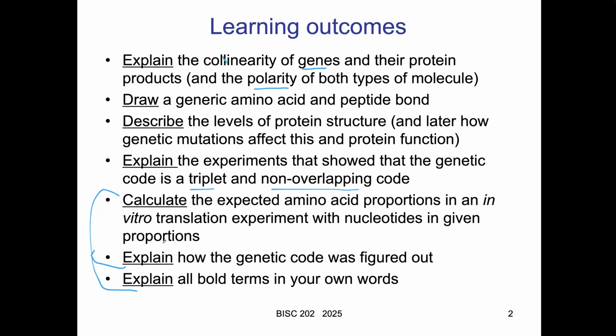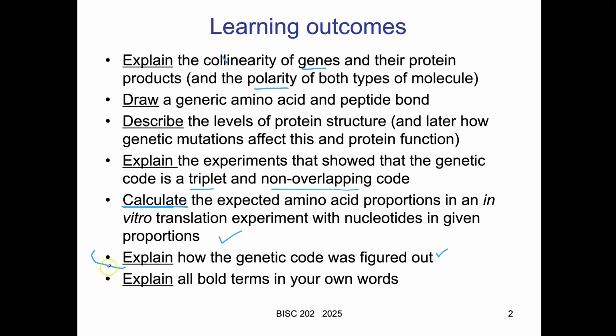We learned that it was a triplet code. We learned it was non-overlapping, but then how did we figure out which nucleotide gives rise to which amino acids? And so there are a couple of sets of experiments that I'm going to go over in some detail, and you will have to do some calculations to demonstrate that you understand how those experiments worked.